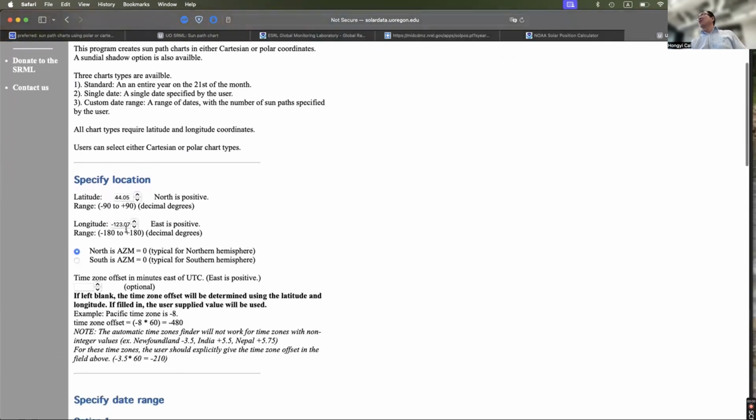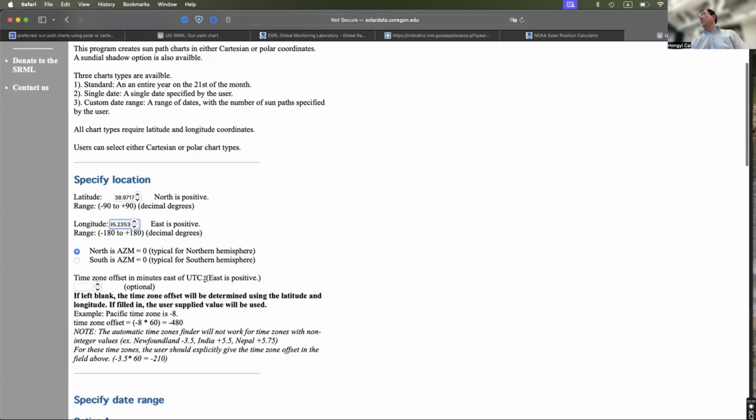So you have the latitude, right? Let's do the latitude again: 38.9717. And then you have your longitude, which should be negative, or you can put a west in some calculators: 95.2353, correct? And north is azimuth equal to 0, typical for the northern hemisphere.